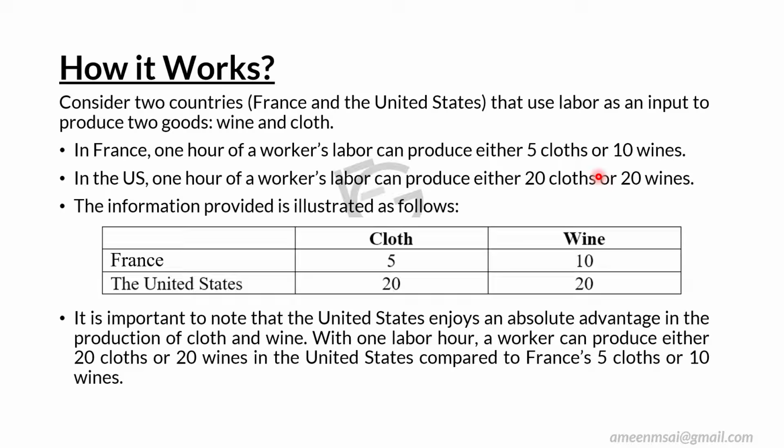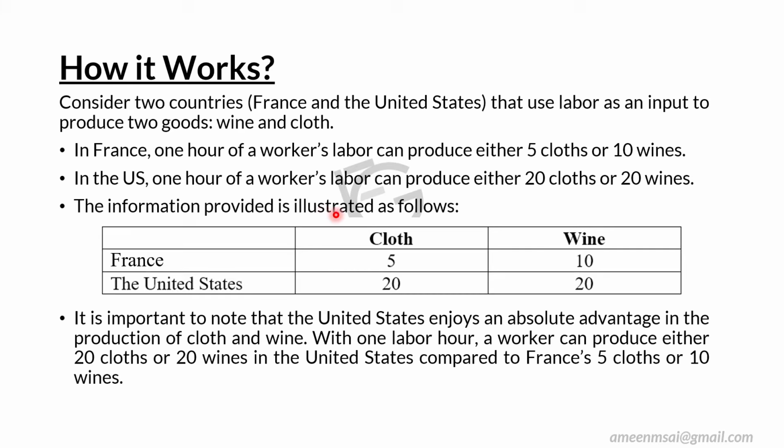If a laborer works for 1 hour, either he can produce 5 clothes or he can produce 10 wines. In the US, 1 hour of a worker's labor can produce either 20 clothes or 20 wines. Using 1 hour, we can't produce both goods. Either we can produce 20 clothes or 20 wines in the USA.